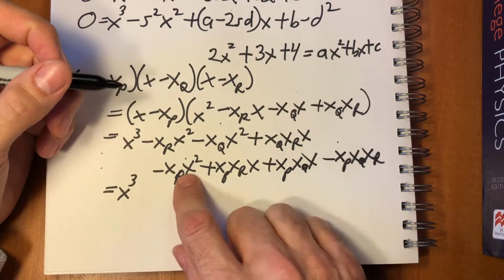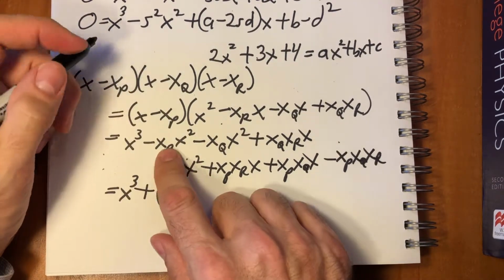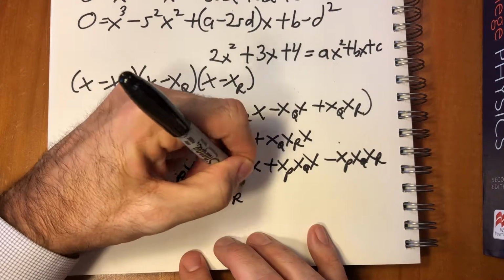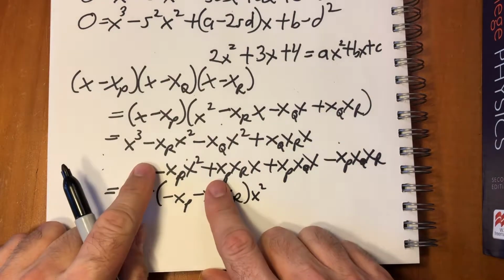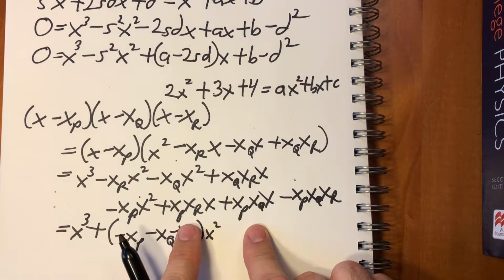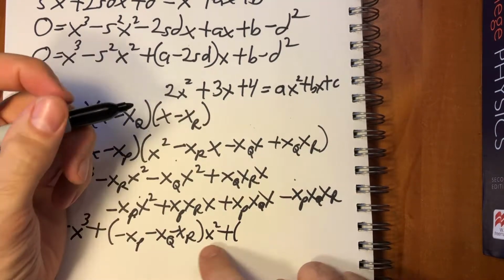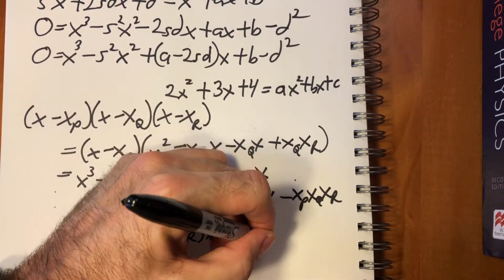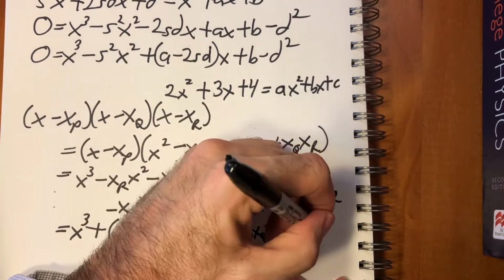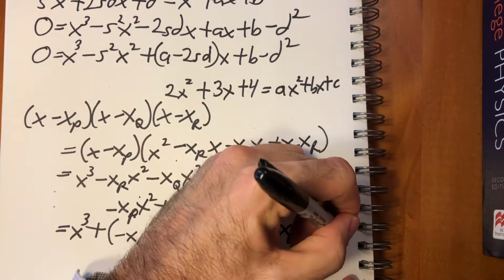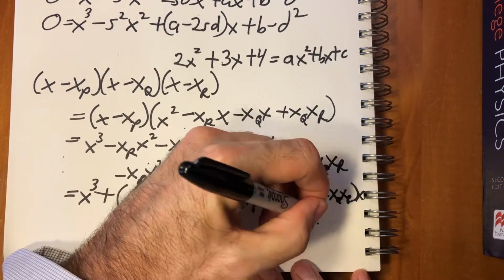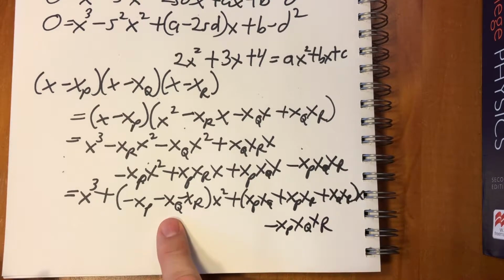So we can do plus, and then each one of these, minus xp, minus xq, minus xr, x squared, then we have, okay, this is interesting, plus xp xq plus xp xr plus xq xr x, and then finally minus xp xq xr. So that looks right to me.